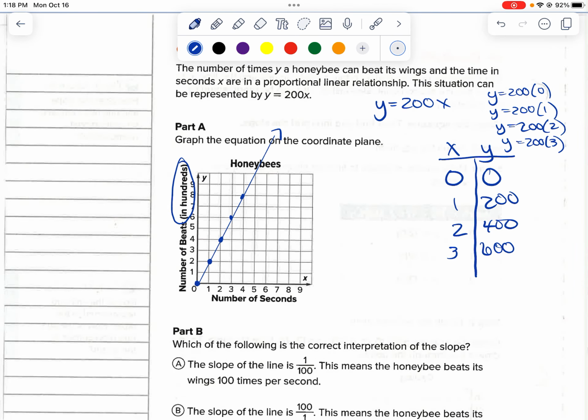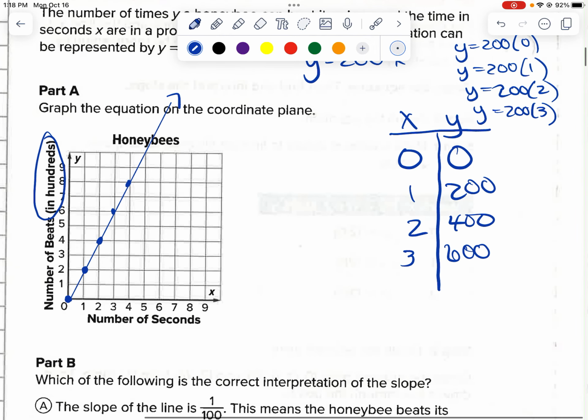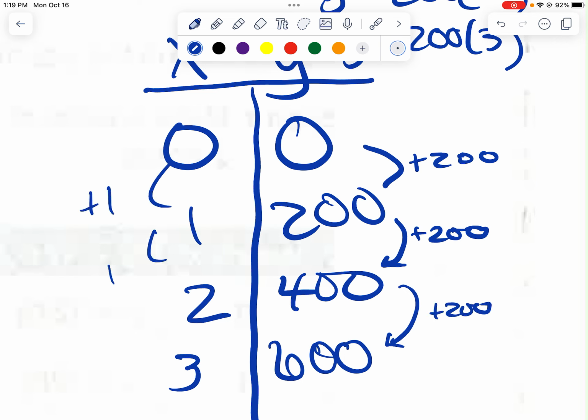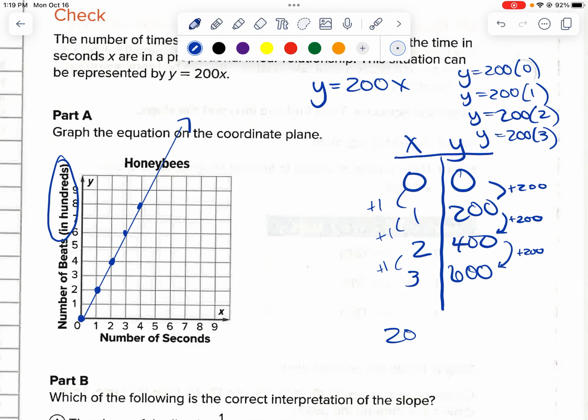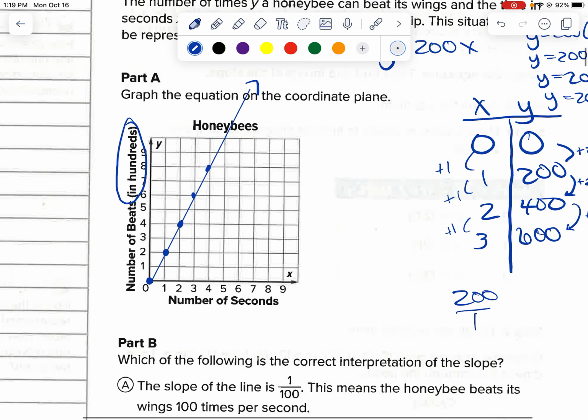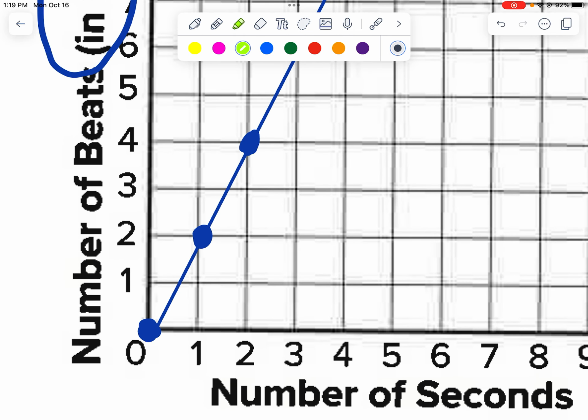Okay, so determine the slope. So I could do it over here. This goes up by 200, goes up by 200, goes up by 200, goes up by 1, up by 1, up by 1. So I would get 200 over 1. Remember, this is in hundreds, though.